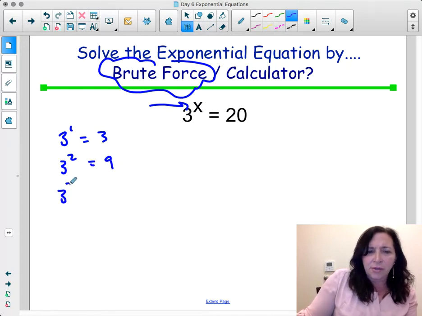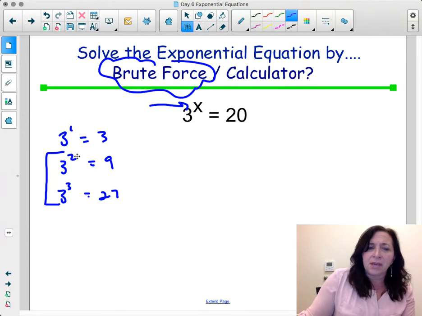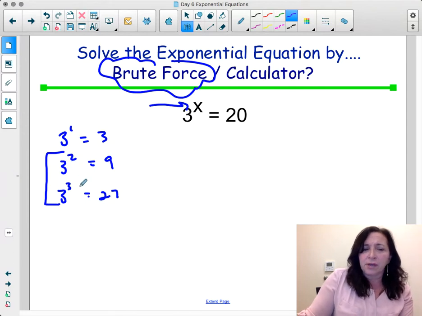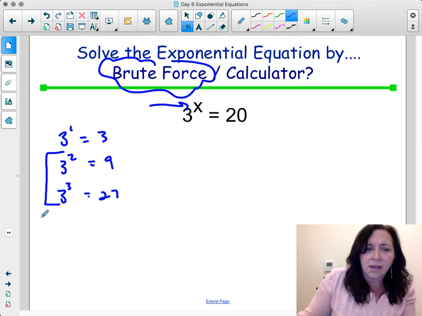You know that 3 to the 3rd power is 27, too much. So therefore, my answer for x, if I were guessing, is going to be in between 2 and 3. It's closer to 3 because 27 is closer to 20 as opposed to 9.